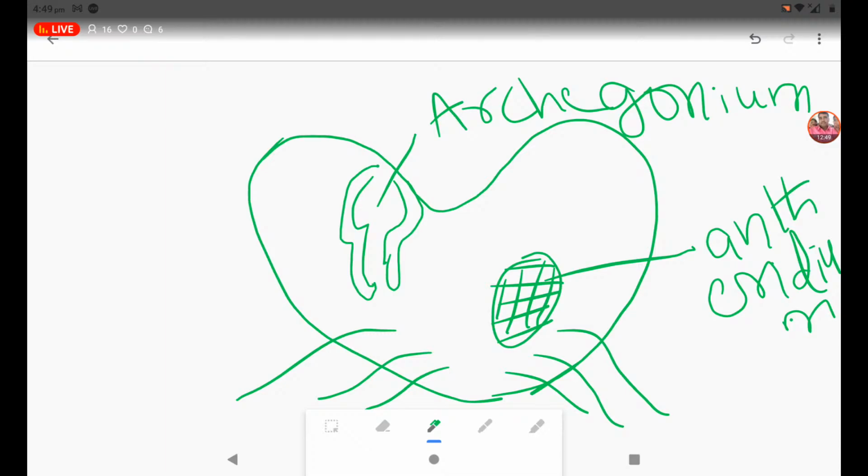This process is called zygogamy. Zygogamy is a process of fertilization occurring in Cylophyta, Bryophyta, Teredo. If we take gymnosperms and angiosperms, it is called siphonogamy. Siphonogamy can be identified in gymnosperms as well as angiosperms.